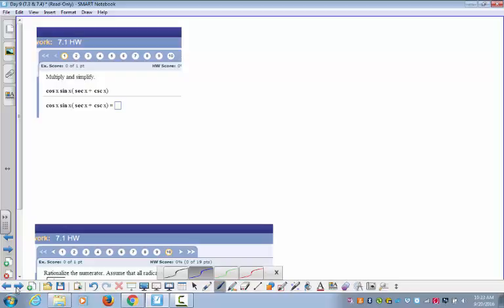So what we're going to think of here equals, we're going to take that cosine sine. That's one. That's its two factors multiplied together, so we can think of it as one term. And it's going to be multiplied by secant, and then it has to be distributed over and multiplied by cosecant.